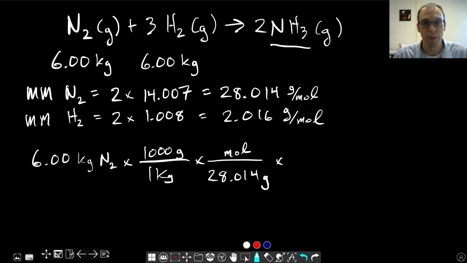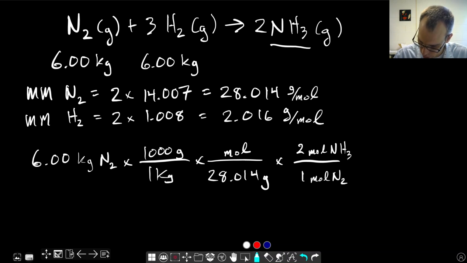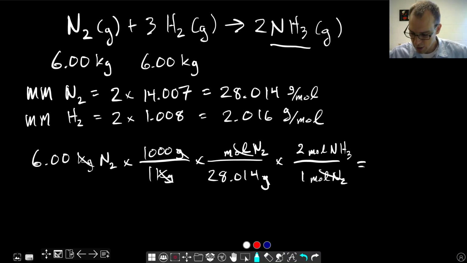And then from the balanced chemical equation, we know that for every 1 mole of nitrogen, we produce 2 moles of ammonia. Checking our units, kilograms cancel, grams cancel, moles of nitrogen cancel. We should be explicit here, this is nitrogen. And we can get directly to moles of ammonia.